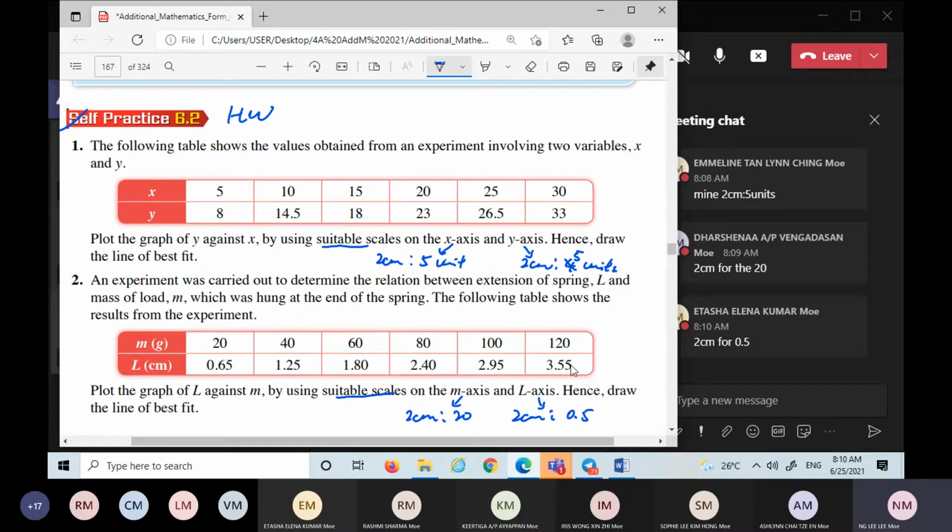As I said just now, if you have a different skill, you either discuss here, if not, then WhatsApp me personally. Emmeline says 2 centimeter to 1. Then I'm not sure already. It's either 0.5 or 1. Emmeline, if you use 1, maybe your graph is smaller than half of the graph page. I'm not sure. Any others can discuss whether you use 0.5 or 1?